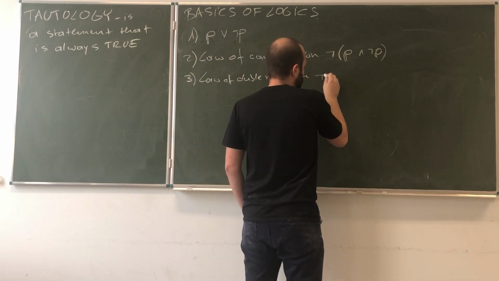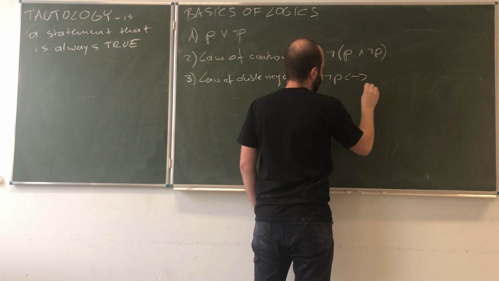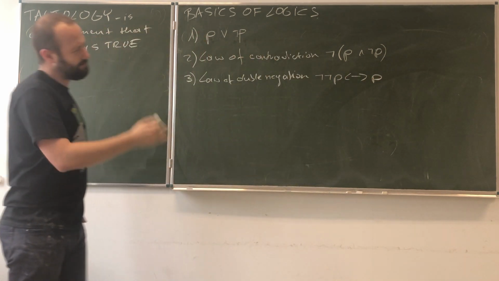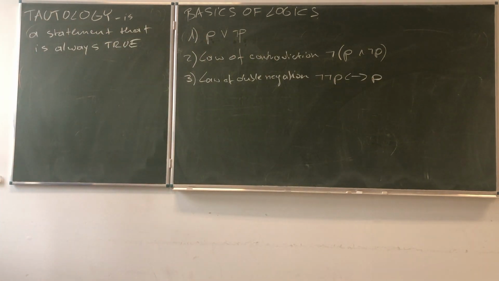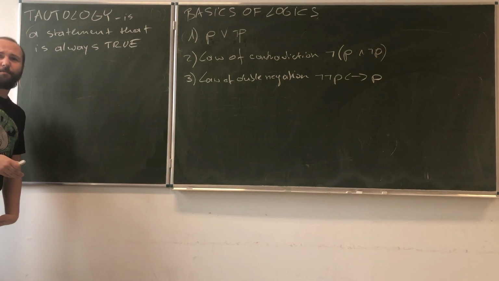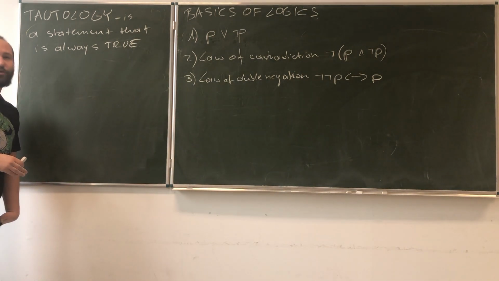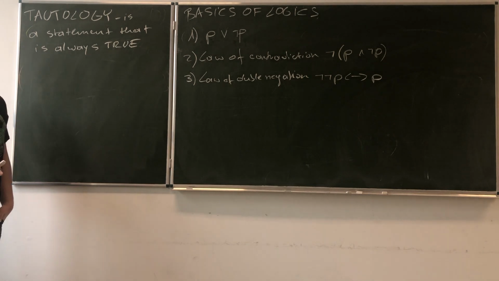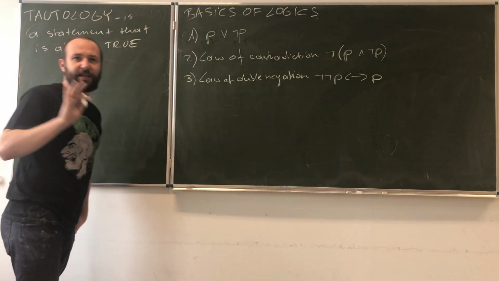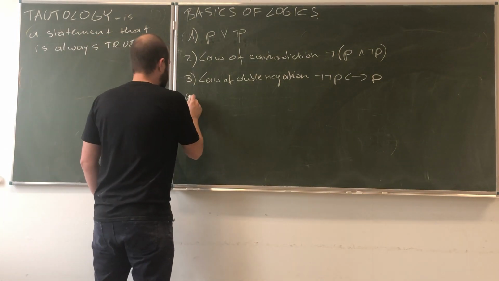So we've got not not P is the same as P. Again, we will prove this. It's one of them, but we will do it anyway.